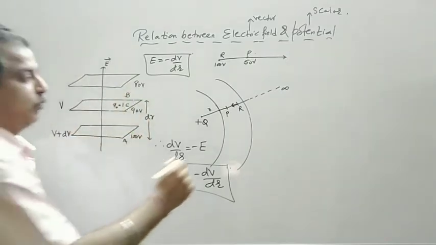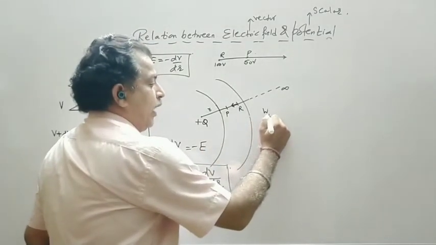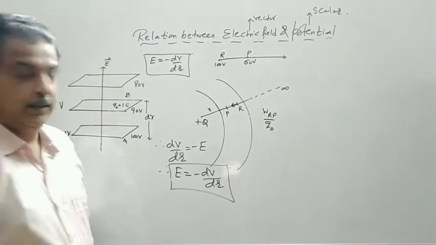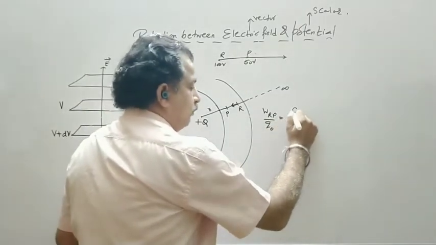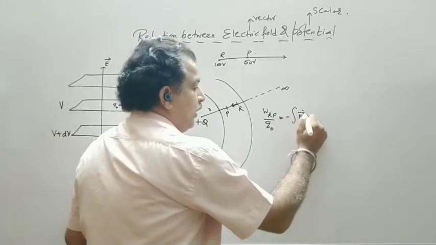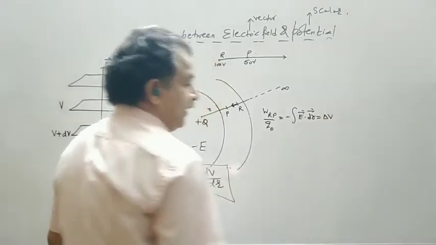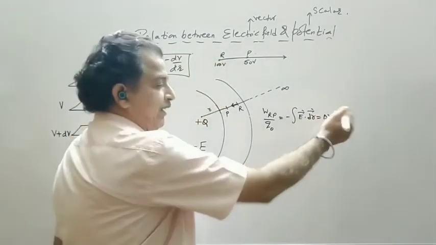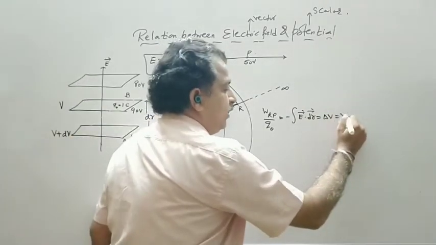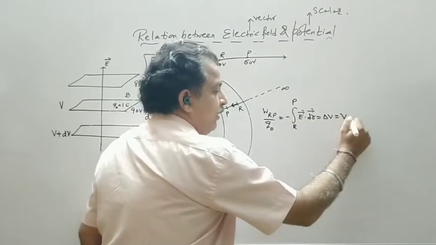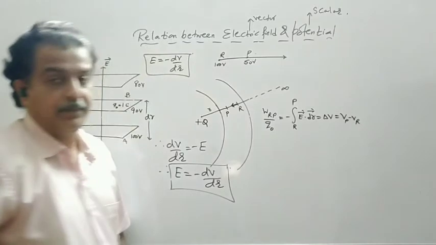I am writing this equation again. Say the work done from R to P to move a unit positive charge Q naught, we used to write as minus integration E dot dr, and this gives rise to delta V or dV, or if you are moving from R to P, it is Vp minus Vr.